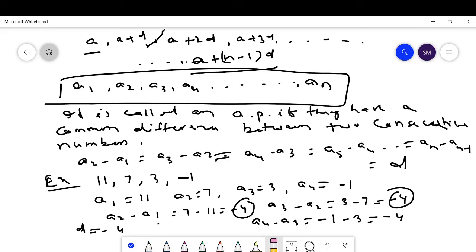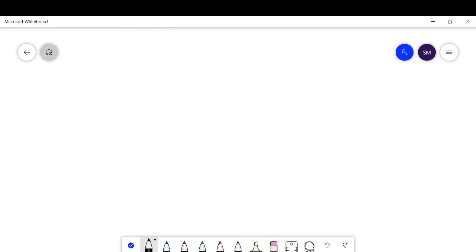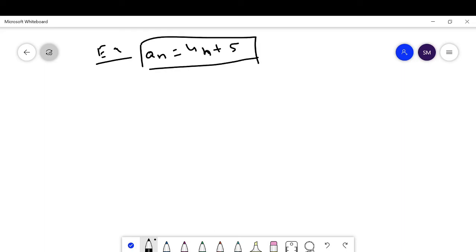Then another example. The sequence is given as An is equal to 4n plus 5. Show that it is an AP. Here A1 is equal to 4 into 1 plus 5, which is 4 plus 5, equal to 9.